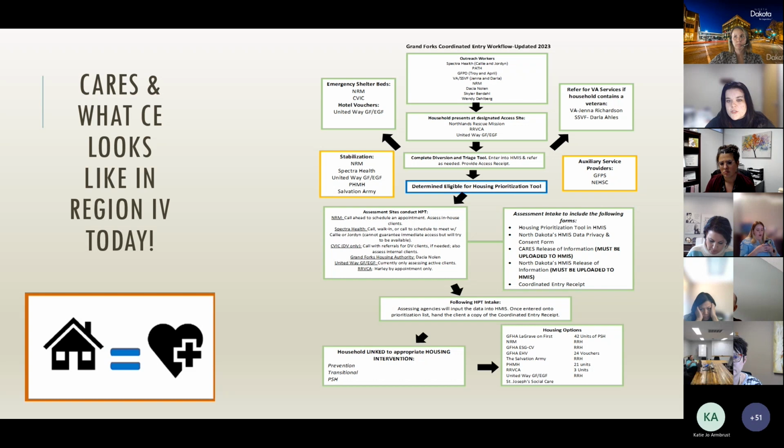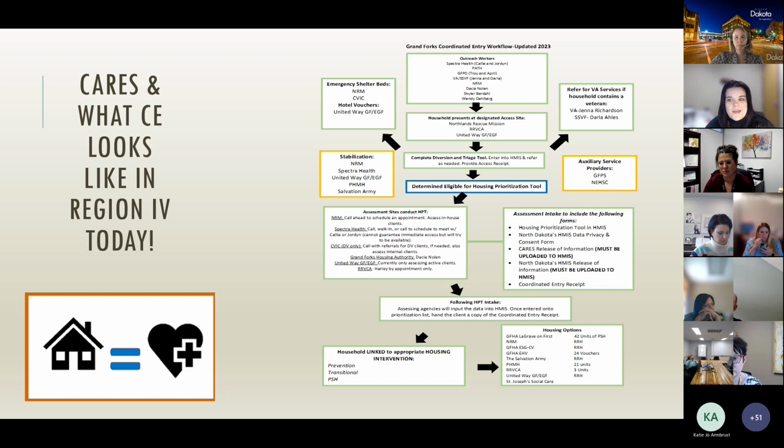If you're not able to self-resolve, you would be channeled into a shelter setting at that point. And then after about 14 days, which is usually the suggestion, I think this is something that we have yet to work on, you would be administered the housing prioritization tool if you are unable to resolve in that first 2 weeks. And then we have several different assessment sites.